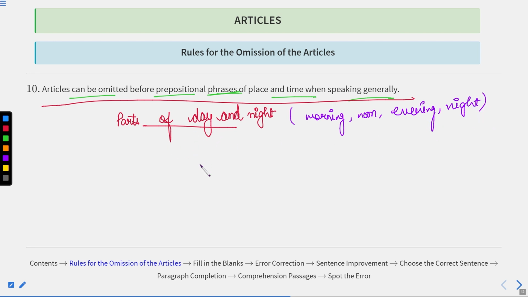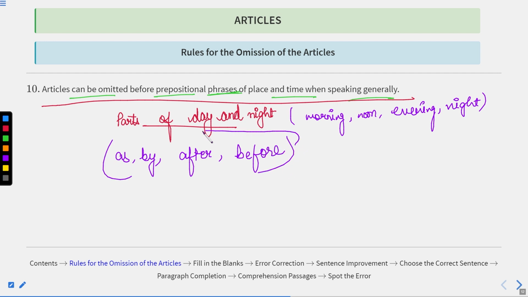Now, before parts of day and night, if we have used any preposition like as, by, after, before. Okay, now if we have used any of these prepositions before the parts of day and night, okay, it means we have written any of these prepositions and after that we have written any part of day and night.